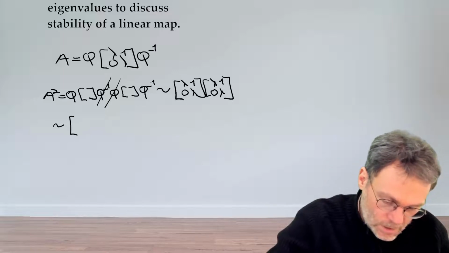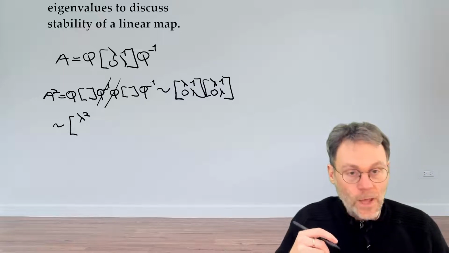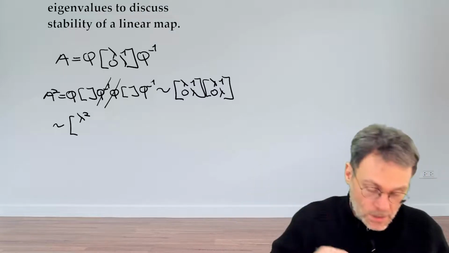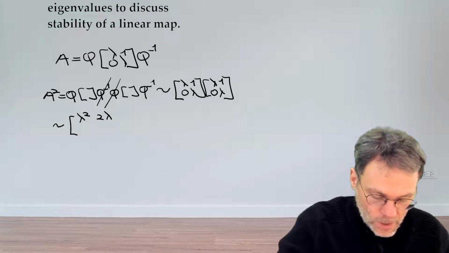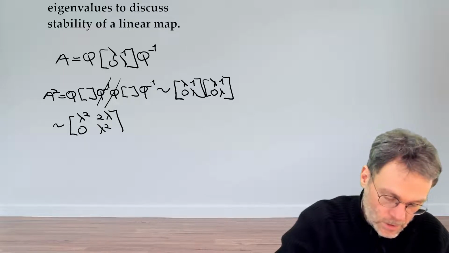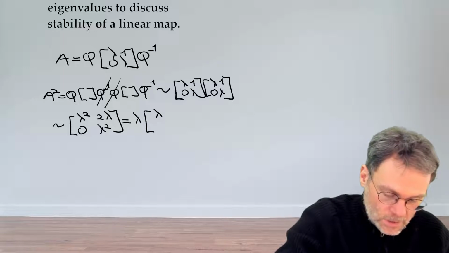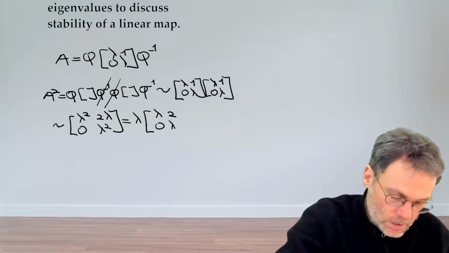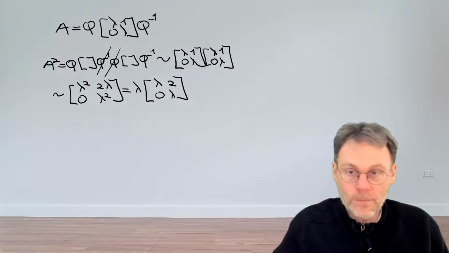It's a piece of cake, going to give us lambda squared, and then we have lambda plus lambda, so that's going to give us 2 lambda. For the lower left rather, it's 0, and here we have another lambda squared. So we can factor out lambda to give us lambda 2, 0, lambda. That's A squared. That was fun.